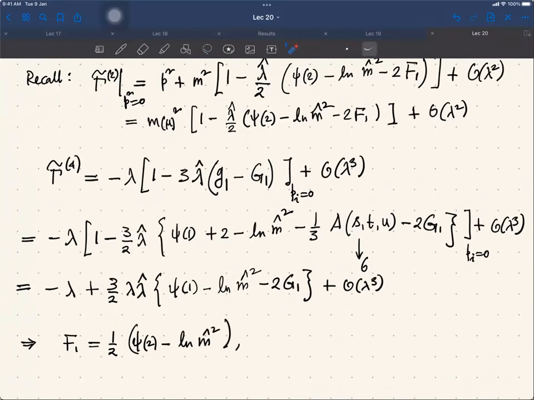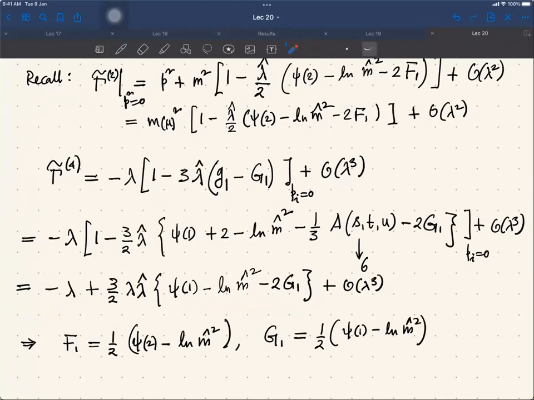And from the gamma tilde 4, it should be minus lambda, and therefore this term must be 0, and that shows that G1 should be equal to half psi 1 minus log m hat square.